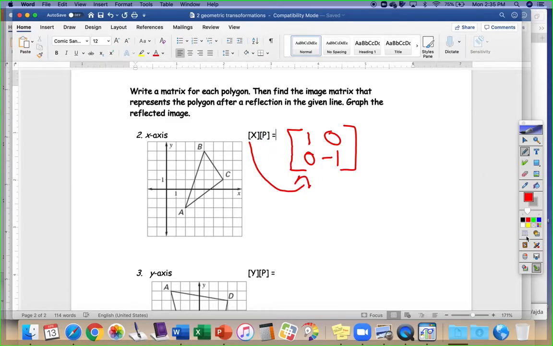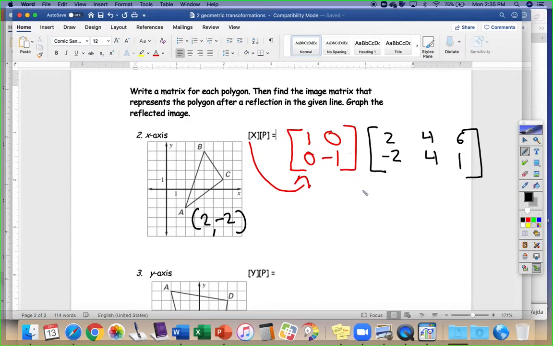Well, I don't know the figure matrix. I'm going to have to make it myself. So point A is at 1, 2, negative 1, negative 2. So I'm going to do 2, negative 2. Point B is at 4, 4. Point C is at 6, 1.